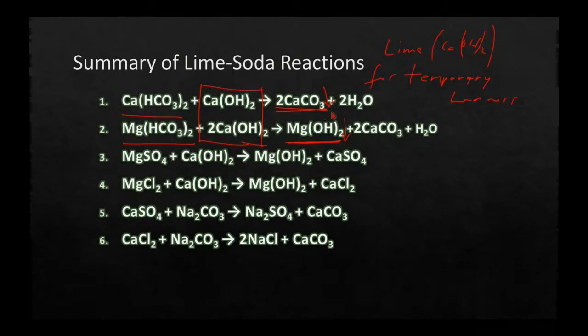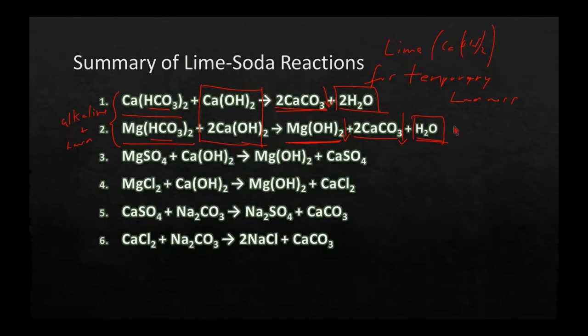And so what do we get? We get calcium carbonate and magnesium hydroxide precipitates. And we also get water effluent. So think about this. What's coming in here is alkaline as well as hard. Alkaline because it's got the bicarbonates. And what's coming out in the effluent side is pure water, which is a good thing.